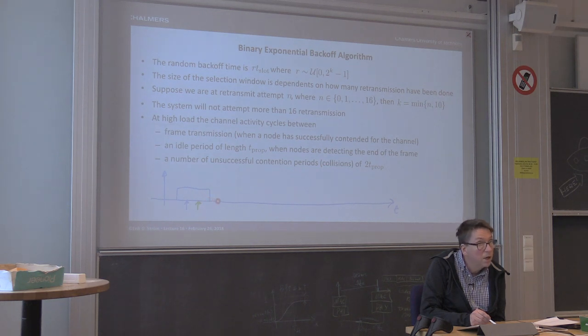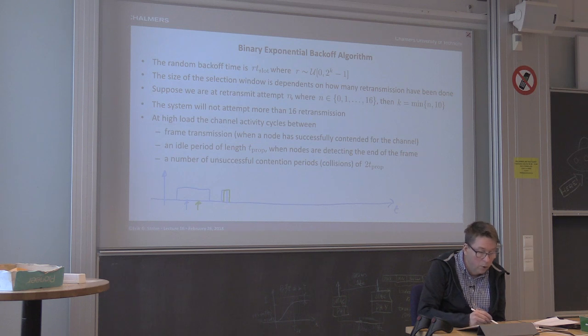And it takes about t-prop seconds before they have detected the end of this transmission. And all the nodes which became active during this will then start to transmit. So in this case, there will be a blue frame and a green frame. And they will overlap a little bit like this. So there will be a collision.